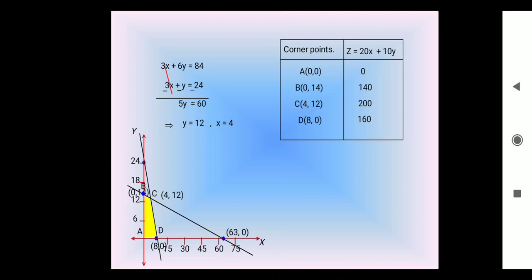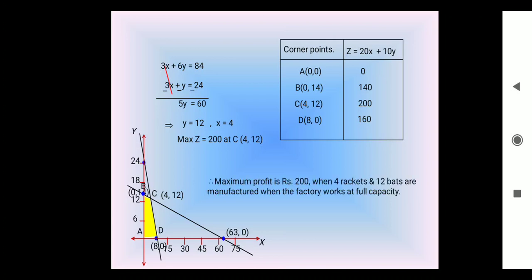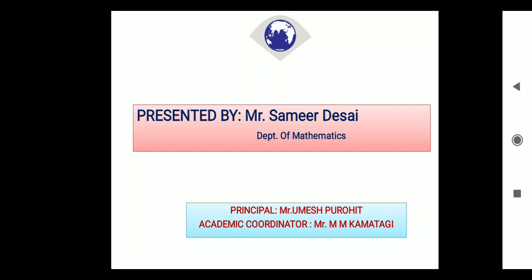By observing the table, we can say that the maximum value is 200 at the point C of 4, 12. Therefore, maximum of Z is equal to 200 at the point C of 4, 12. Hence, the maximum profit is rupees 200 when 4 rackets and 12 bats are manufactured when the factory works at full capacity. Thank you.